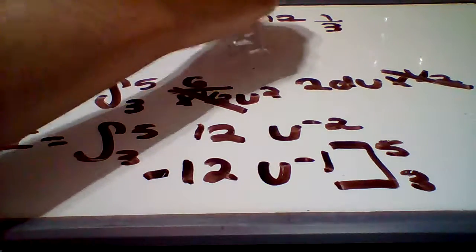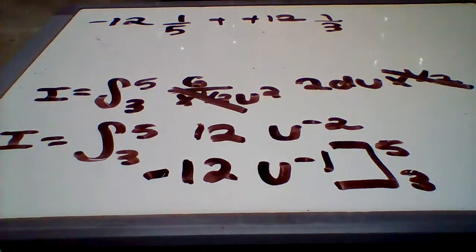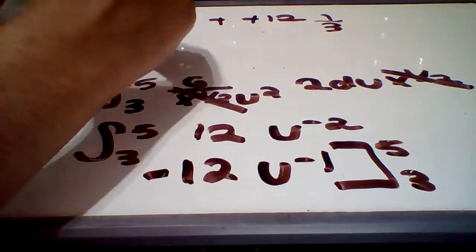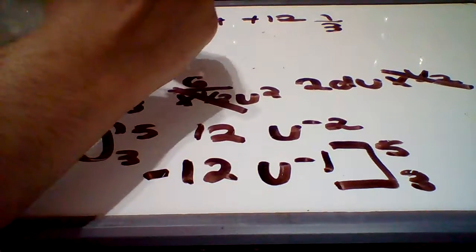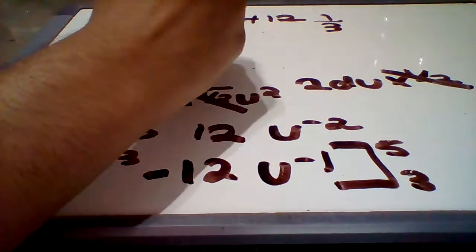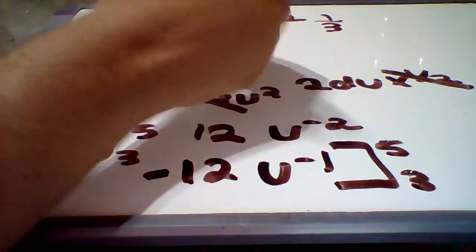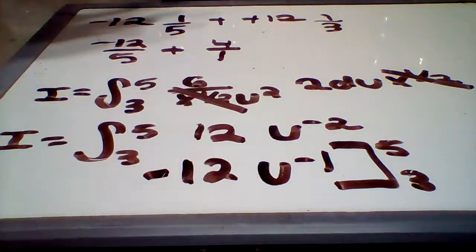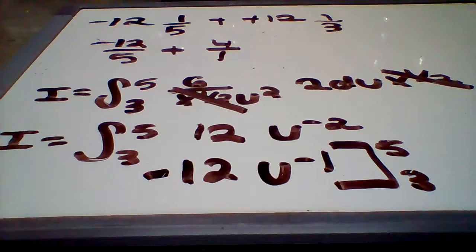So that would just be plus. So negative 12 over 5 plus 12 over 3 is 4. And I would want them to have a common denominator in order to add fractions.